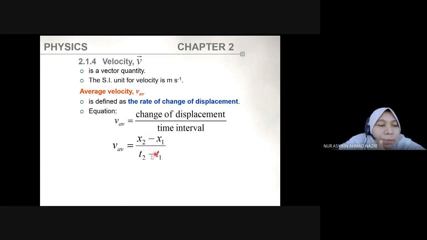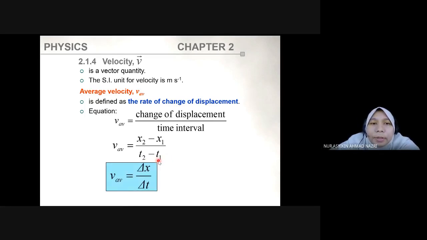Yang ni saya lupa ubah. Okay, so time and dia punya travelling tu minus dengan the starting point punya time. Okay. So we get average velocity, delta X over delta T.